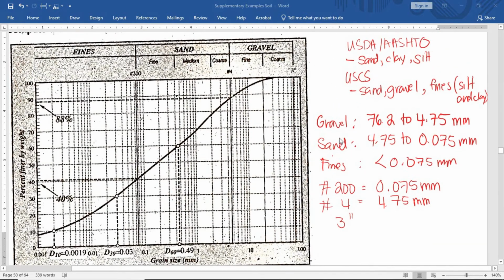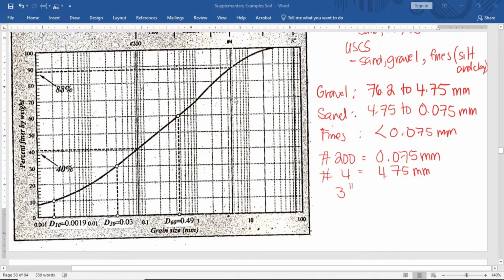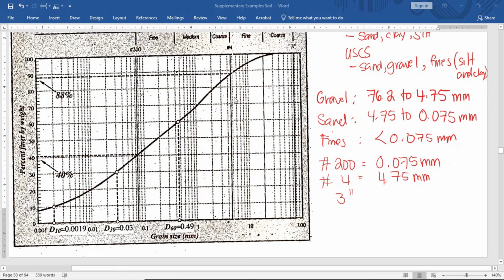So, tingnan muna natin yung percent fines. Kung ilan yung nag-pass sa number 200 natin. Since alam natin na yung percent fines ay ng number 200, since ito yon 0.075.